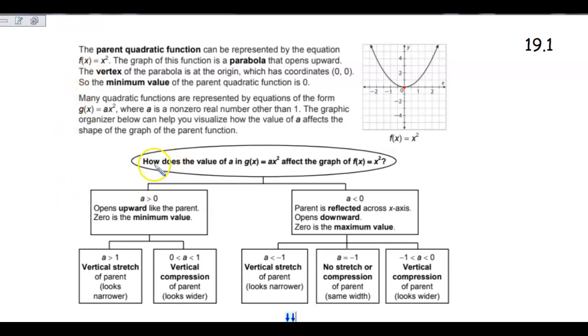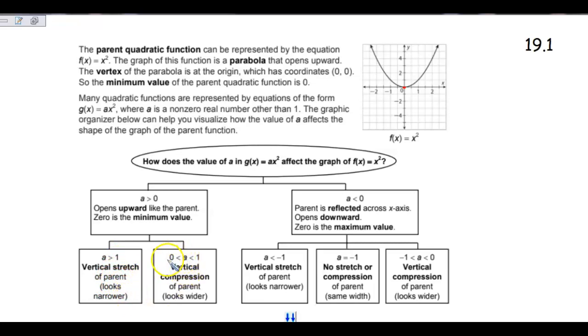Let's see. So let's take a look at your a. A is your coefficient in front of your x squared. And so if a is greater than 0, it opens upward, just like the parent. If it is opening downward, it's negative. If a is greater than 1, it looks narrower.